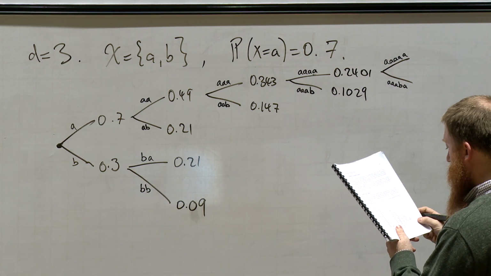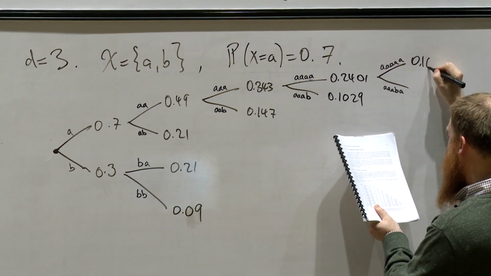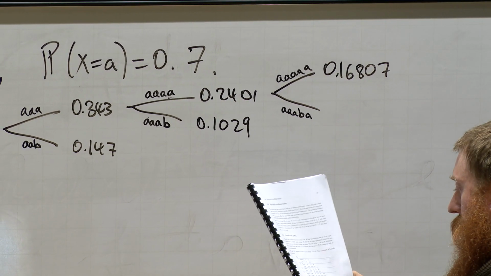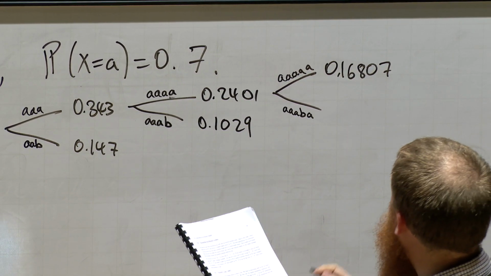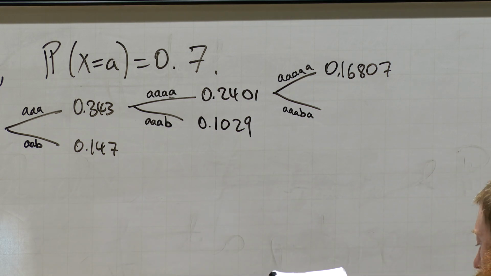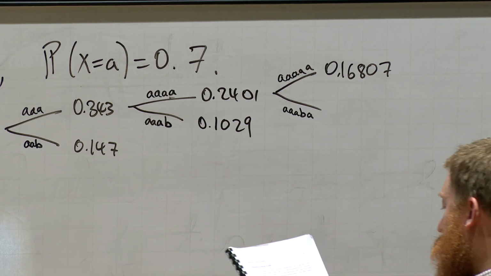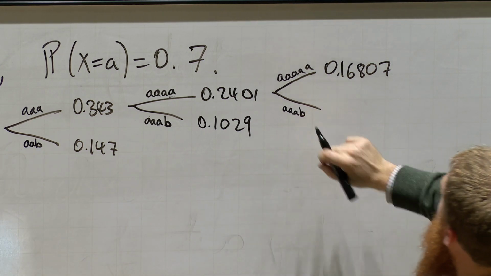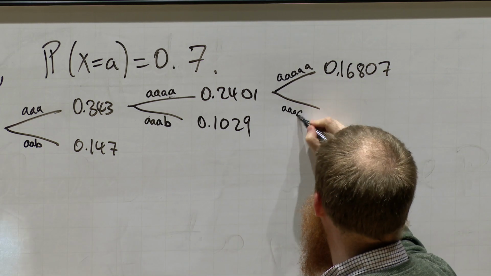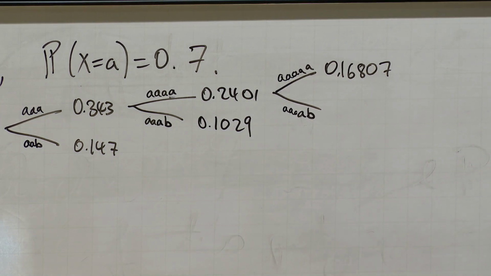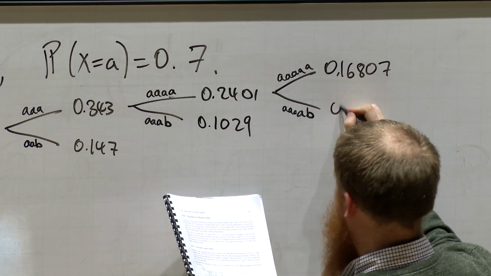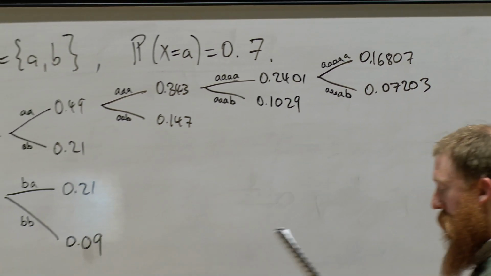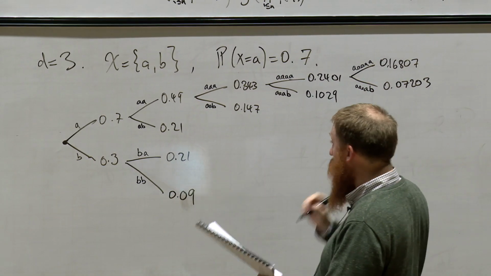So 5 A's has probability 0.16807 and 4 A's and a B. Have I done this right? I think I did this right. Yes. That's better. 4 A's and a B is 0.07203. 1, 2, 3, 4, 5, 6, 7. I can do one more split, and I will choose to split this one.